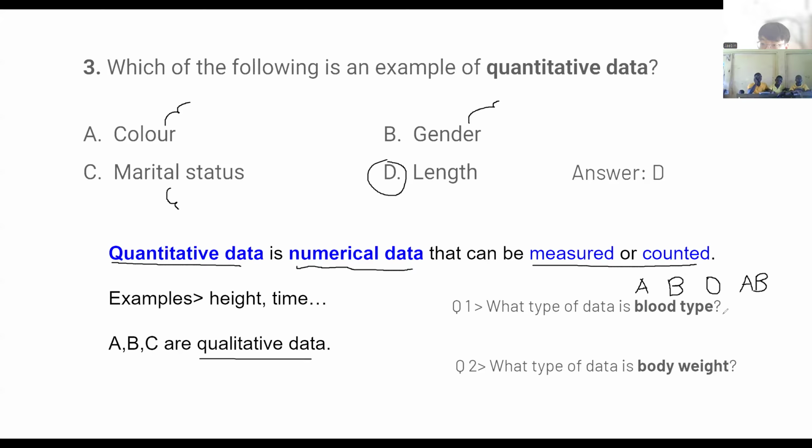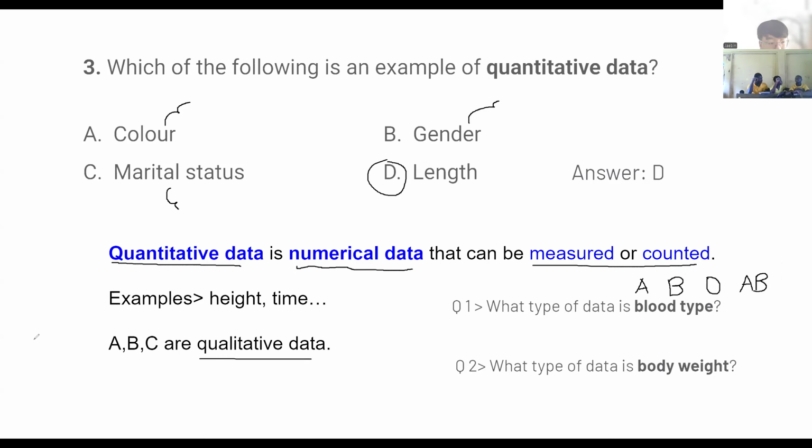Can these be counted really? Are these counted by numbers? No, right? We cannot count blood type by number.